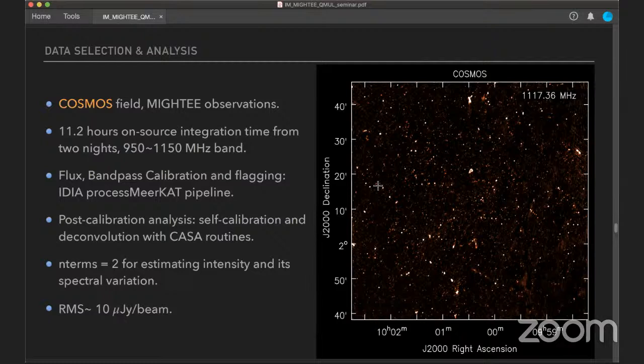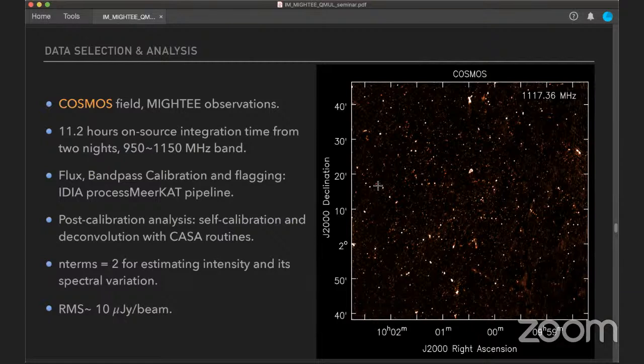The primary flux and bandpass calibration and flagging was done with the IDIA process MeerKAT pipeline, which is a purpose-built pipeline to calibrate MeerKAT interferometric data, which uses CASA-based routines for flux calibration and flagging.